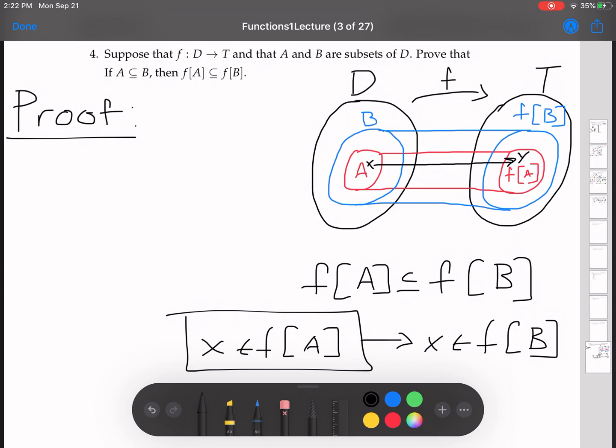Now, it doesn't make sense to use x's because f of A and f of B live over in the target. And we think of x, y, right? This is the domain, this is the target. So it makes sense to actually use a y here, just because we're used to thinking of y being something that happens in the range. Okay, so we're going to prove this statement. If y is in f of A, then y is in f of B.